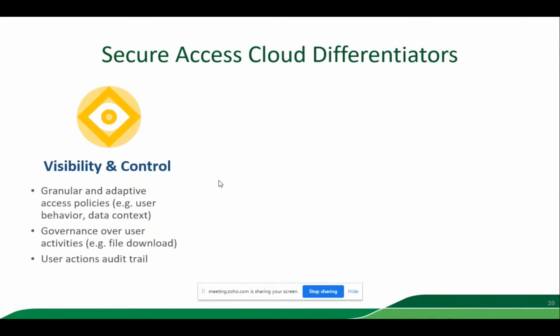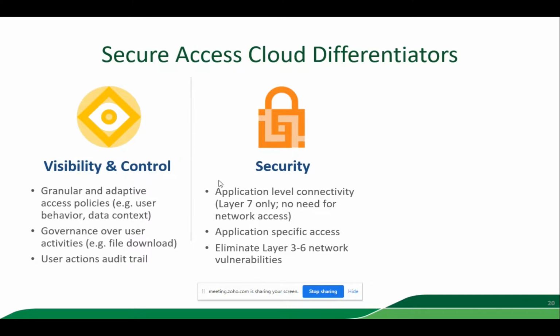So what are the big differentiators? The biggest differentiator is that it gives you visibility and control. It is granular and adaptive, and you can create your own policies according to user behavior, data context, whatever you want to use. Again, you have an audit trail, and this also helps you in terms of governance over user activities. Again, it is secure because the connection is only layer 7 connectivity. There's no need for network access.